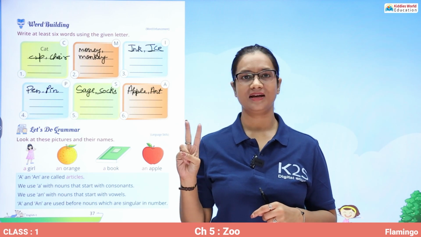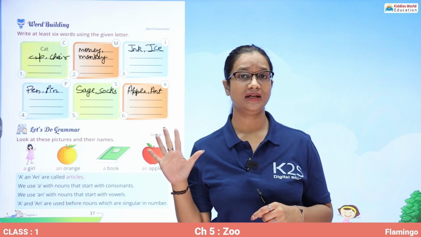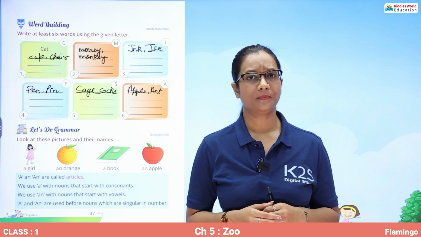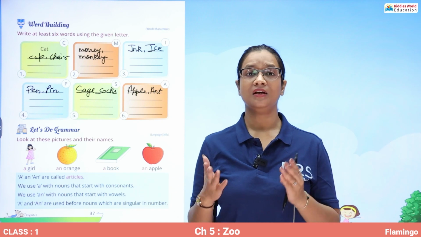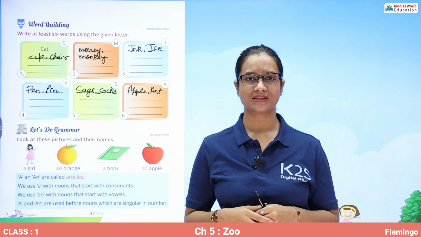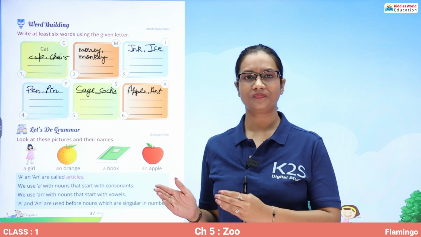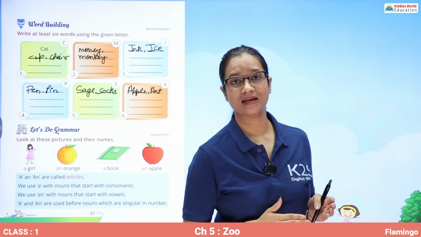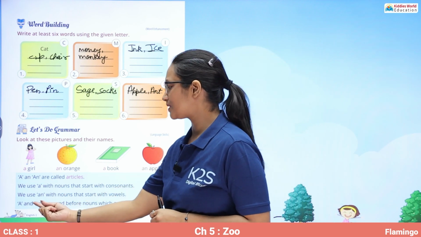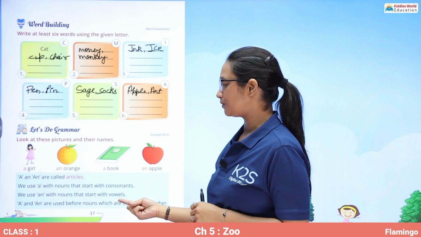A, E, I, O and U. These are the 5 letters that we have. But apart from these 5 letters, what are the other letters called? They are called consonants. So we use a with those consonants and an with those vowels. So we use an with nouns that start with vowels.